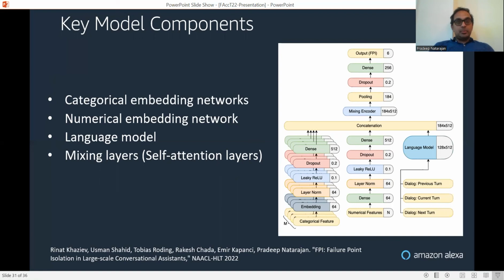These numerical features could be confidence scores output by different models in our processing workflow. And the final is our categorical features, like the classifier output saying the domain is a books domain or a shopping domain and the corresponding confidences. We also embed this, and then we concatenate these embeddings and then have a series of mixing layers that produce the final classification output to isolate the failure point.